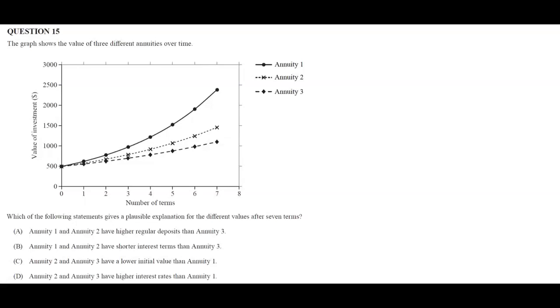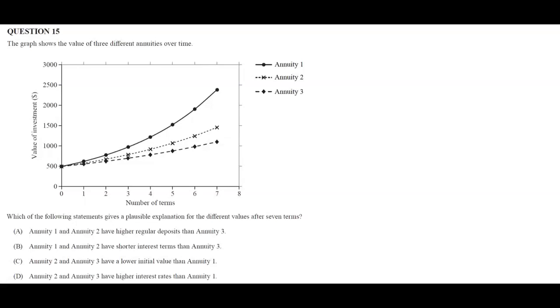Now remember, an annuity is where we're making a regular payment at a regular interval. Whether we're putting this money into a bank account to increase funds over time, or whether we're paying off a loan for a house, something like that. So let's have a look at our statements here. A. Annuity 1 and Annuity 2 have higher regular deposits than Annuity 3.